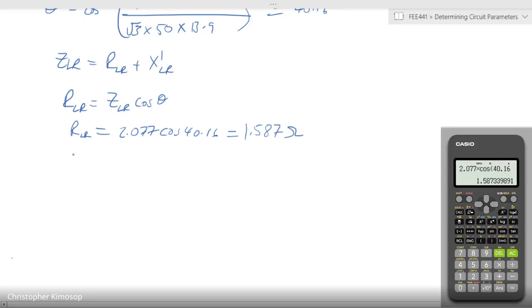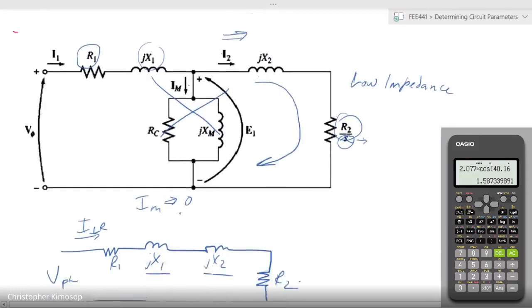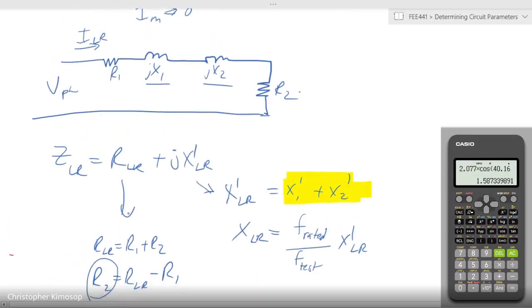Now RLR from our circuit, which was here, our locked rotor circuit, we said that RLR is R1 plus R2, but we've already calculated R1. So we want to get R2 from this. So let's make use of that.